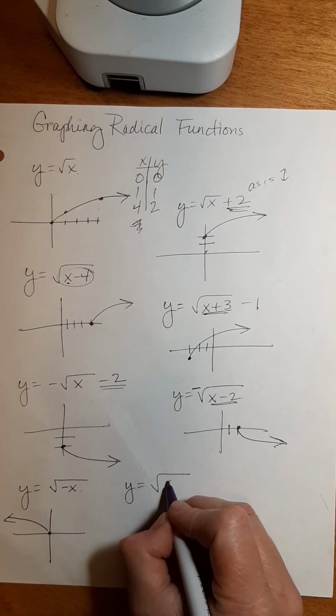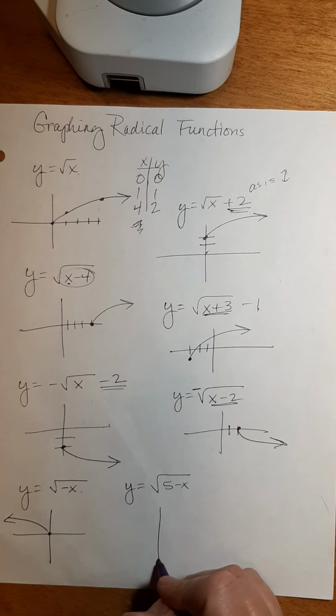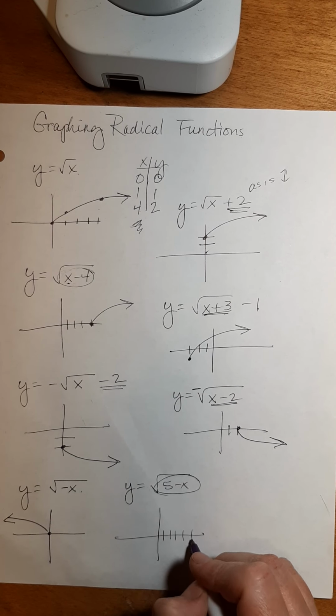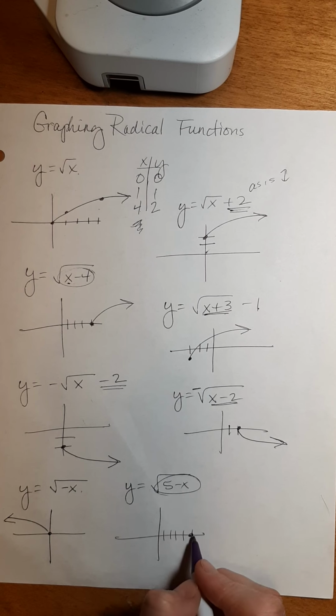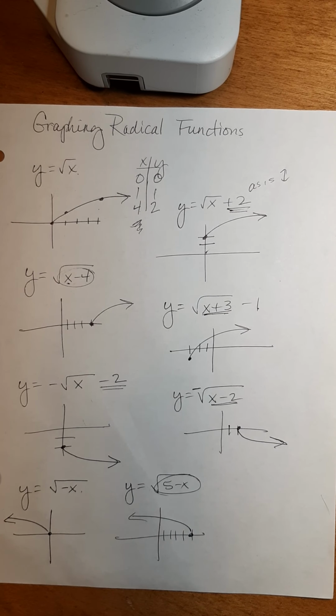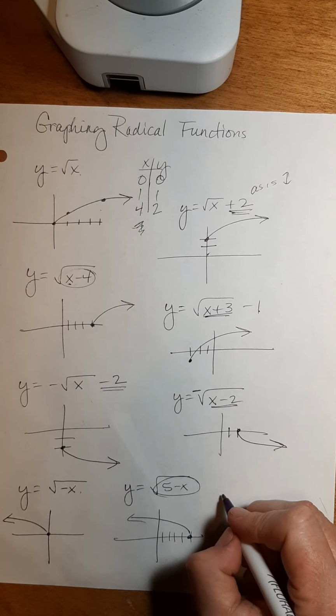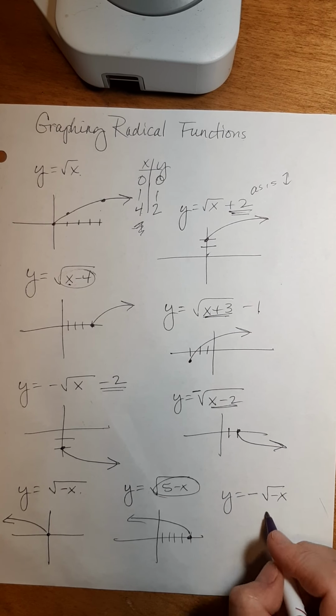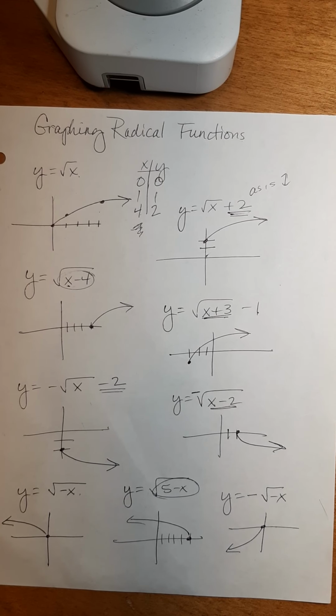So if I said square root of 5 minus x, what makes this 0? Positive 5. But since the x is negative, to the left. And of course, if you have a negative square root of negative x, that's when it's going to go down.